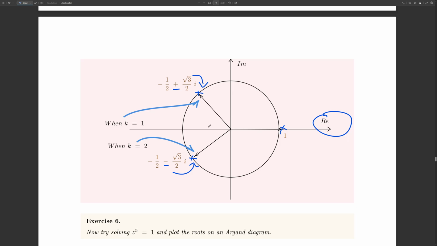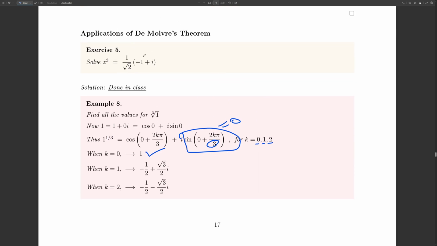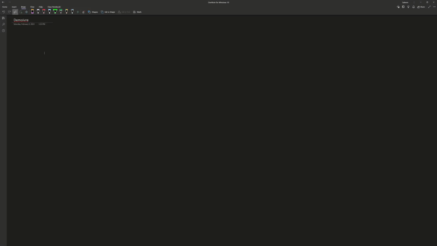Okay, so now that we have done this example, you can try this one here, which is z to the power 3 is equal to 1 upon root 2 times negative 1 plus i. In fact, let's try it ourselves. Let's pull up my notebook here and let's do it.